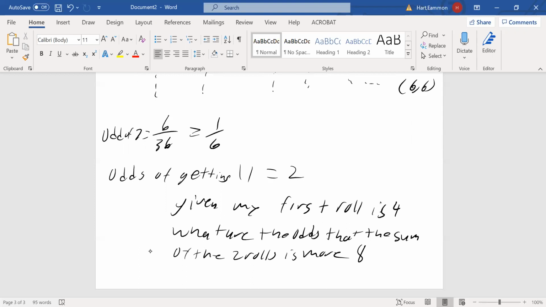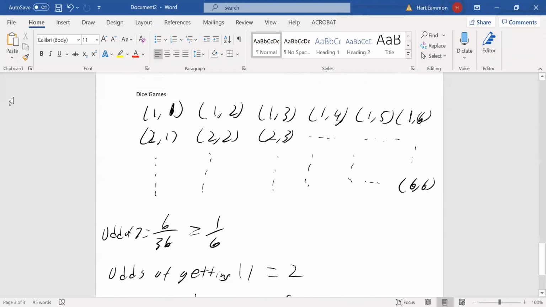Well, then I would just say that means that the second die has to be 5 or 6. So that would just be 2 over 6, and that's 1/3. There's lots of different things that you can do given this, then that. But this is the structure that comes up most often, of rolling 2 dice and then calculating the odds of any given outcome.